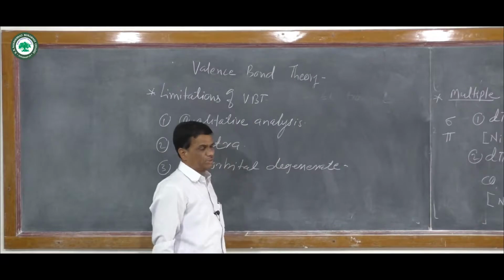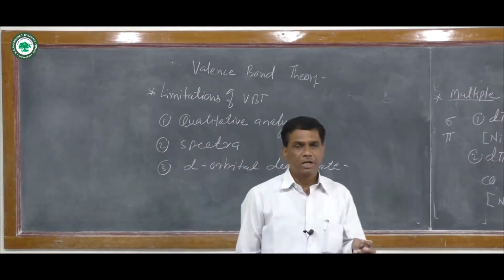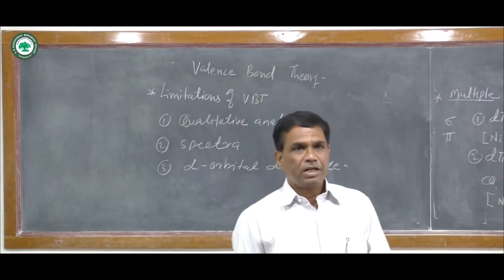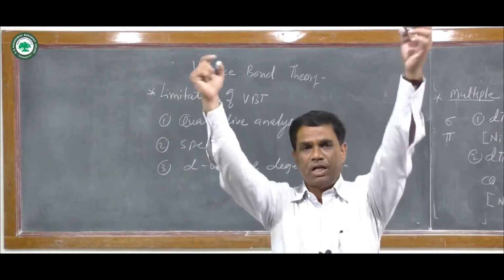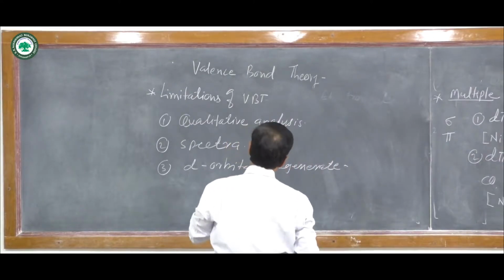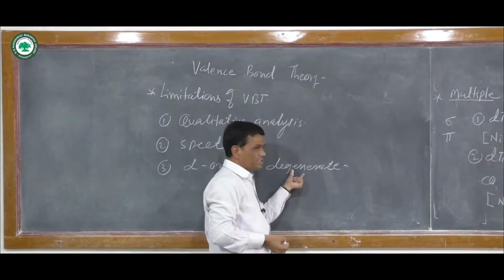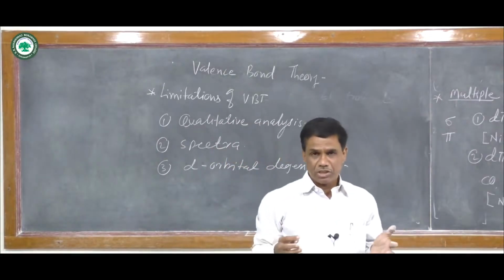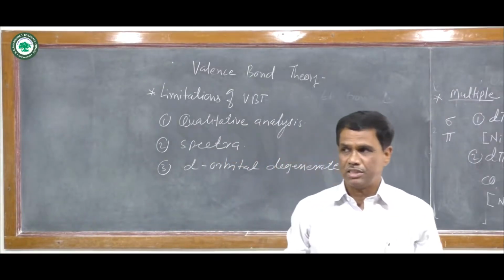You know that there are 5 d orbitals: dxy, dxz, dyz, dx square minus y square, and dz square. But when there is formation of bonding, that degeneracy actually splits into 2 sets. One is the t2g set and second is the eg set.